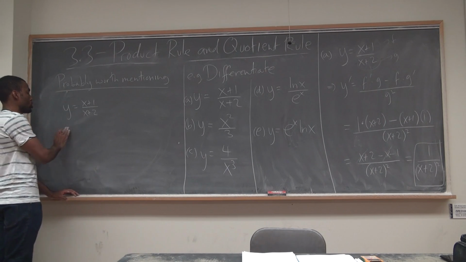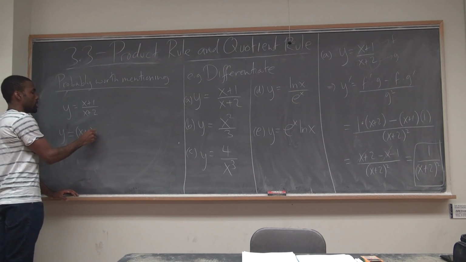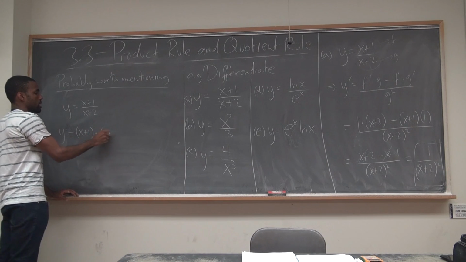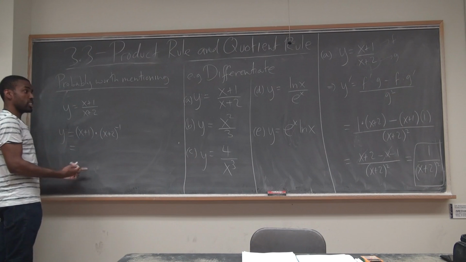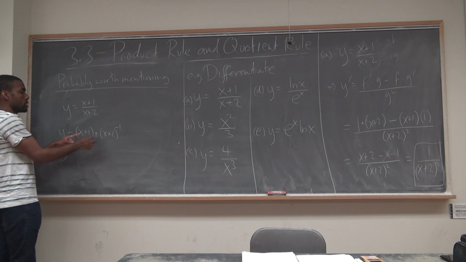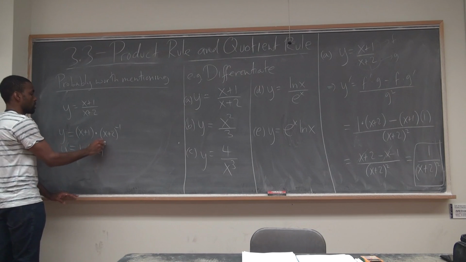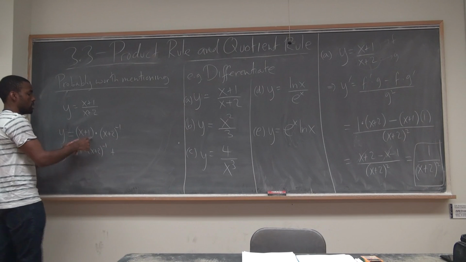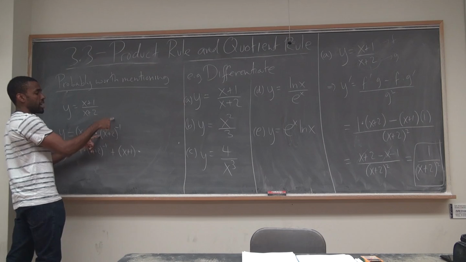So one thing you could do is rewrite this as x plus 1 times x plus 2 to the minus 1. And you could actually do the product rule, and it would still work, right? Differentiate this, leave that, plus leave this, and differentiate that. This is like a 1 over g.